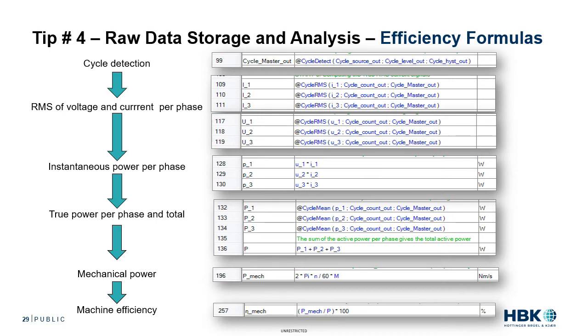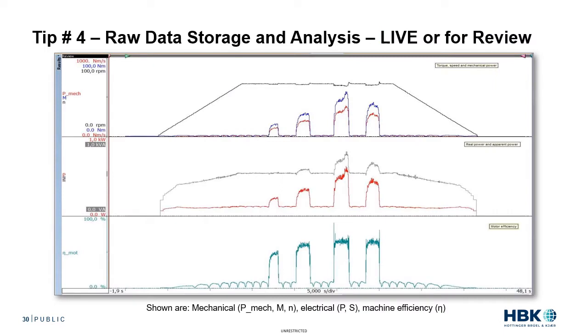So all the remaining calculations for RMS current, RMS voltage, true power, mechanical power, all the way to efficiency are all referenced to the cycle-based signal, cycle master out, which means they're all calculated in sync or calculated on the same cycle.